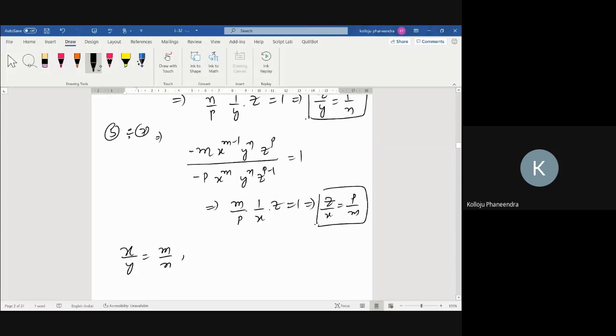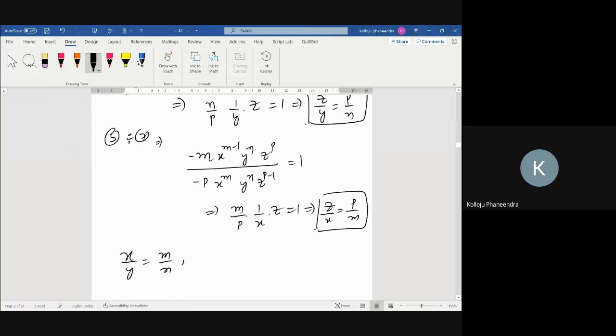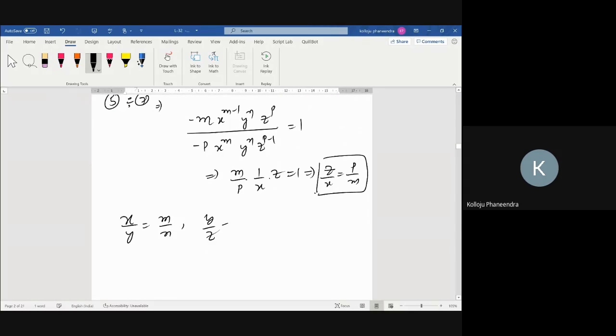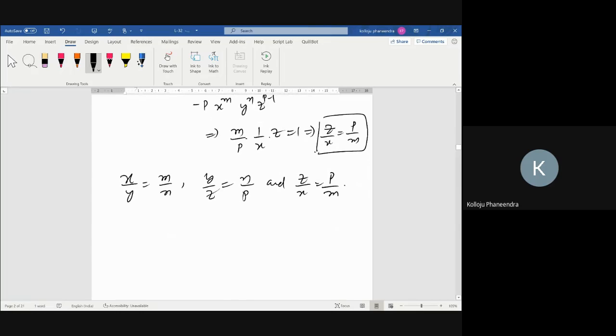Next one, y by z equal to n by p, and z by x equal to p by m. Okay, so how to solve this? To get x, y, z, I need x value, y value, and z value. Is it possible to get x in terms of z?